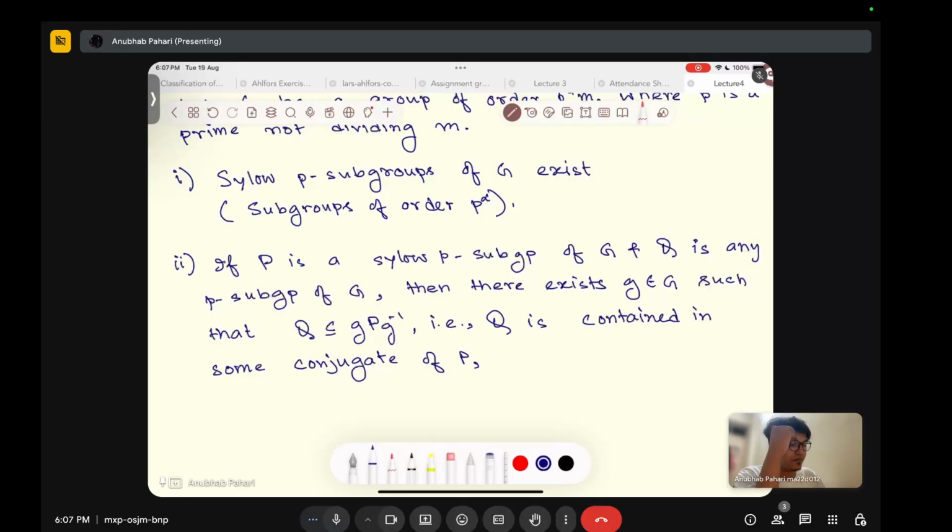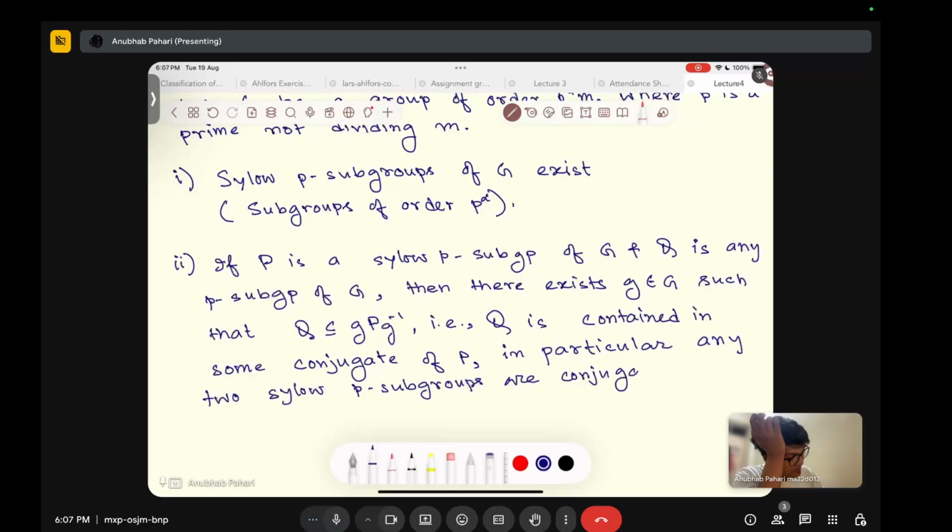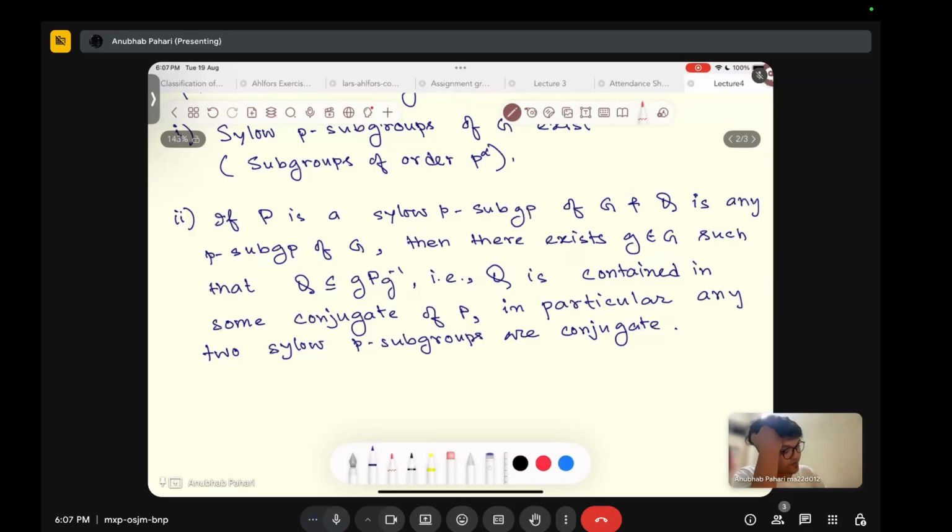So by the pigeonhole principle, gPg inverse should be equal to Q. So in particular, any two Silo p subgroups are conjugate in G.